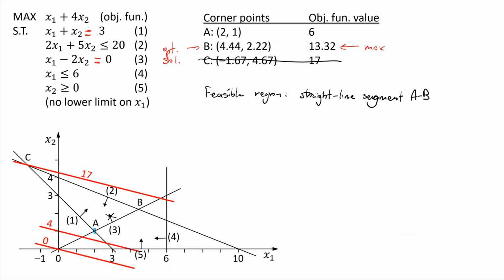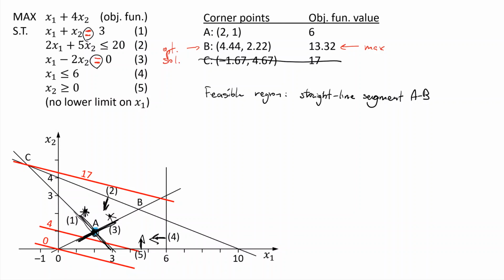Only point A is going to be the feasible region because it satisfies constraint number 1 with equality, and constraint 3 with equality, right? They are equalities here. And all other constraints like constraint number 2 are still satisfied, and 5 is still satisfied, and 4 is still satisfied because we are on the right side of the constraint. So we have only one feasible point.